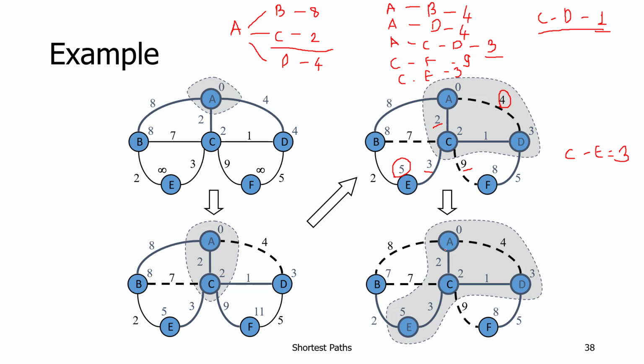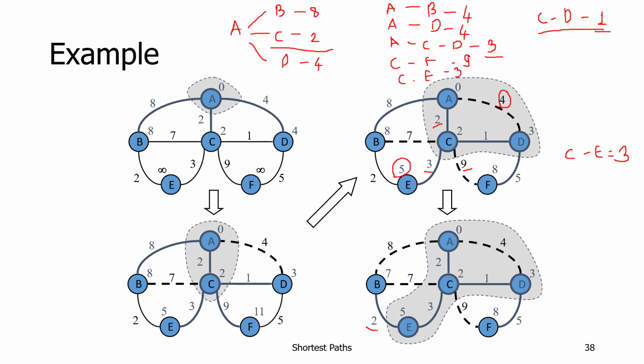So now we have A, C, D, E, and we have to consider the edges which are outside this cloud. Either I can consider EB, or CF, or DF, or AB. Out of these possible edges, the minimum edge is EB.